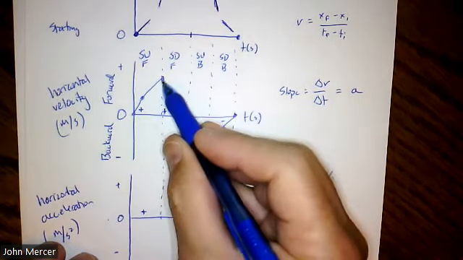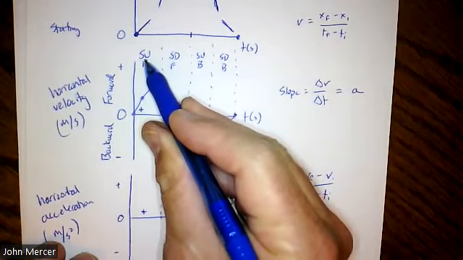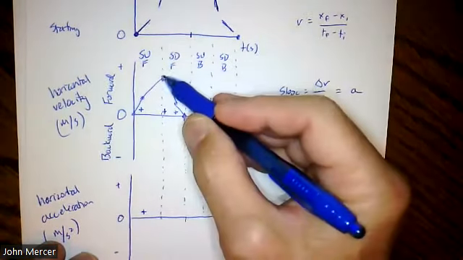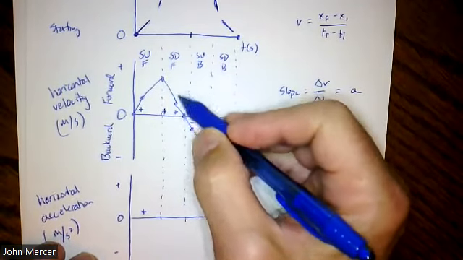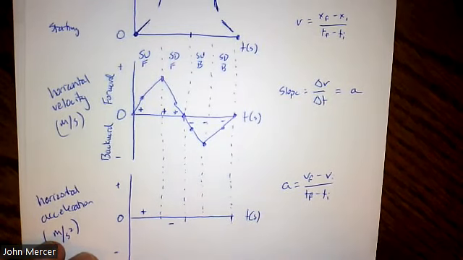All right, so anywhere in this region, the direction of the acceleration vector is positive, and that means speeding up, going forward. What direction are the slopes in this region? These are all negative slopes, so acceleration has to be negative.